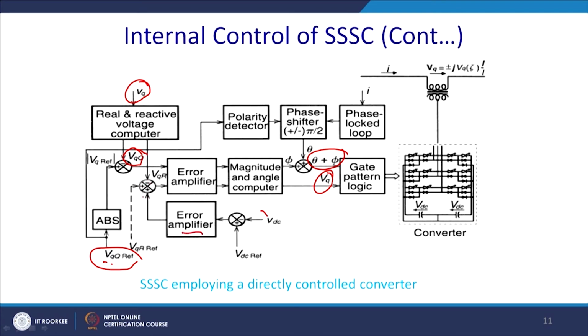This error will be added up, and you should have an actual calculation of VQR that has to be subtracted. Then you feed this value to the error amplifier.